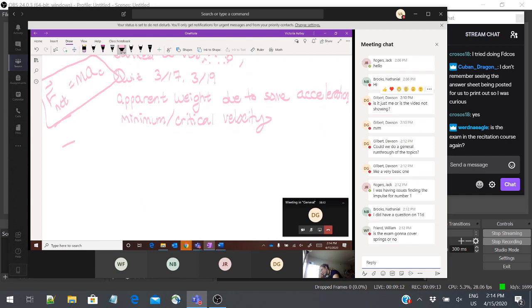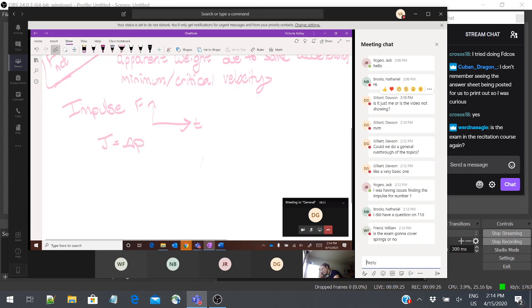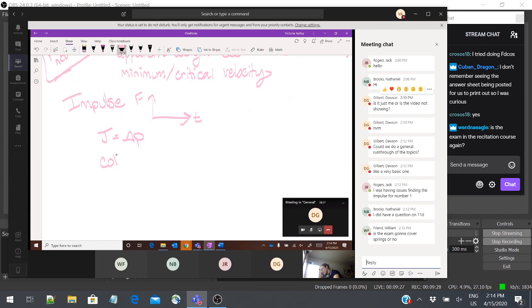Okay, then it's impulse and momentum. So this is like, there's a force versus time graph. And then there's impulse is change in momentum. And then there's things like collisions. Specifically, there's inelastic collisions, where momentum is conserved.